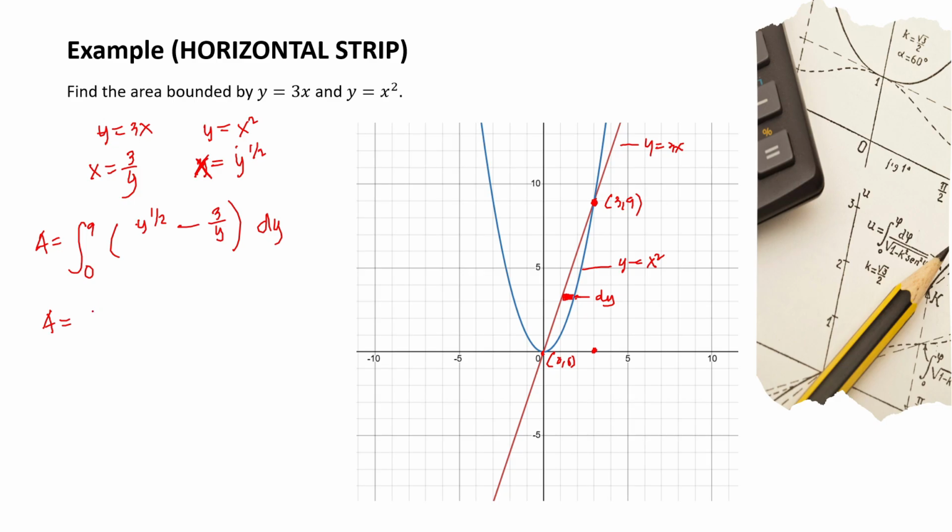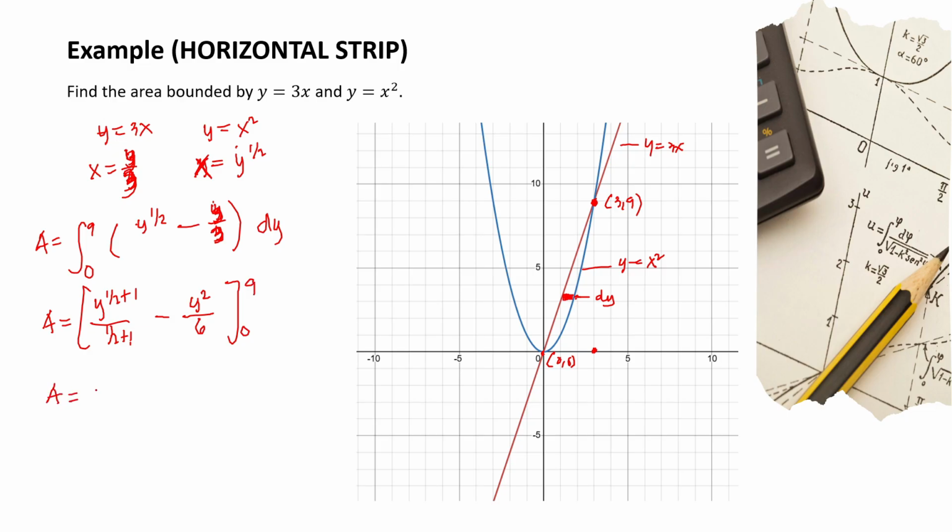We have y raised to 1/2 plus 1 over 1/2 plus 1, minus y over 3, so therefore this is y squared over 6, and the limit is 0 to 9.